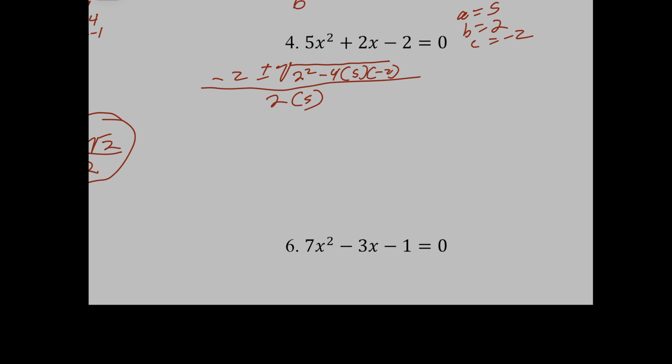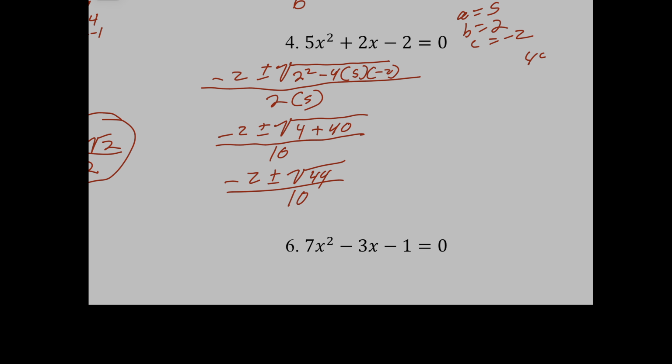I'm just plugging in. That's all we're doing. Okay, and that becomes negative 2 plus or minus the square root of 2 squared, which is 4. Negative 4, positive 5, negative 2. I have 2 negatives, so I know it's going to be a plus. 4 times 5 is 20. 20 times 2 is 40. All over 10, which becomes negative 2 plus or minus the square root of 44 over 10.